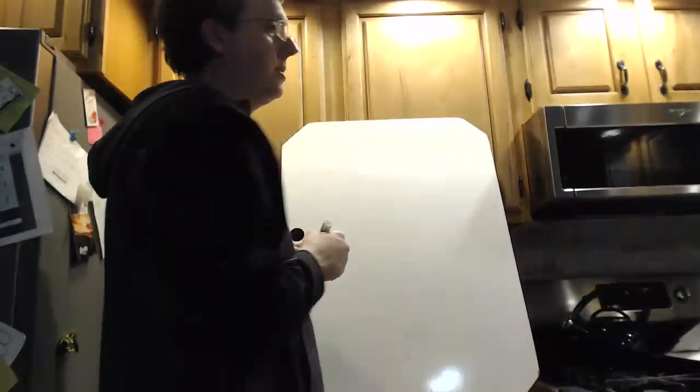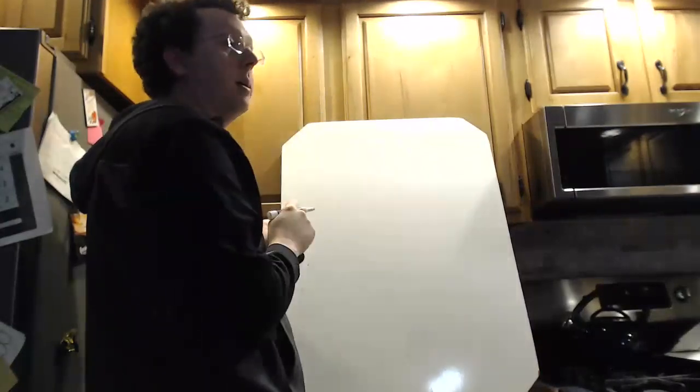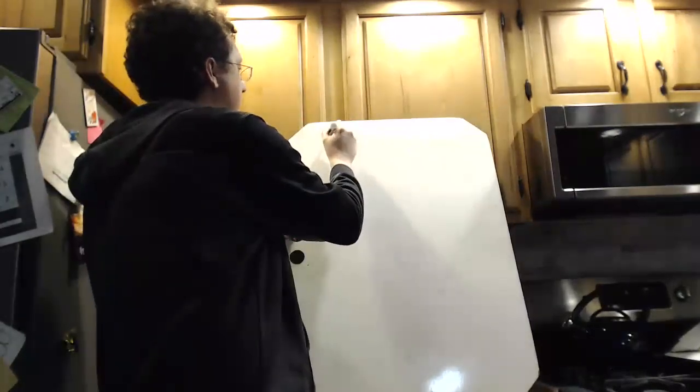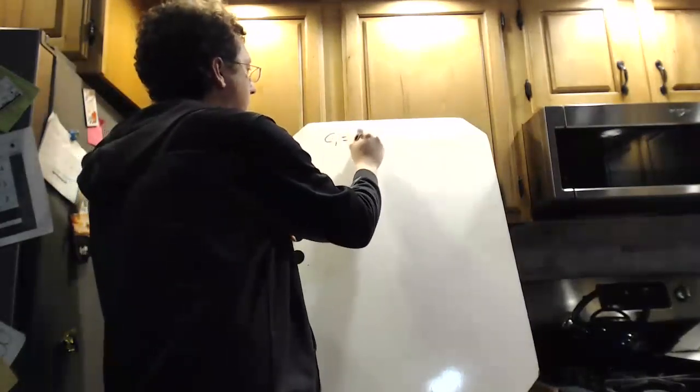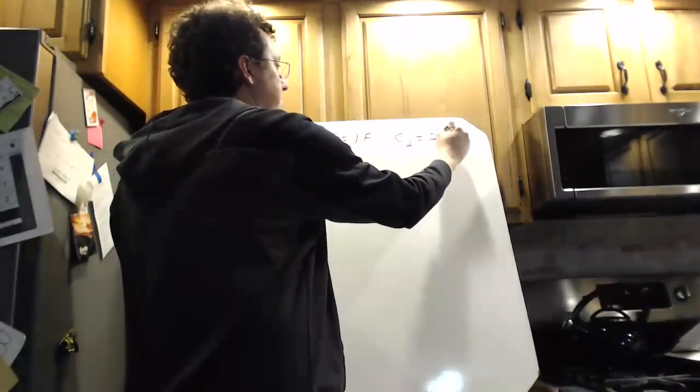All right, so let's imagine we have two capacitors. Let's say we have capacitors in parallel. So let's say I have C1 equals 1 farad and C2 equals 2 farads.